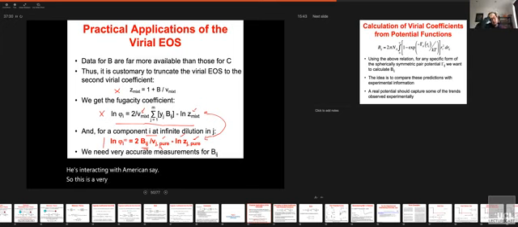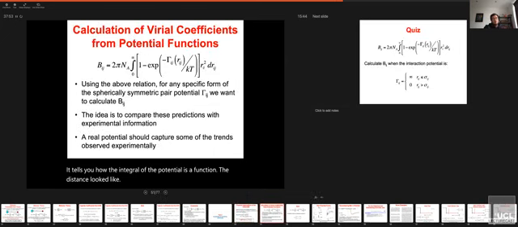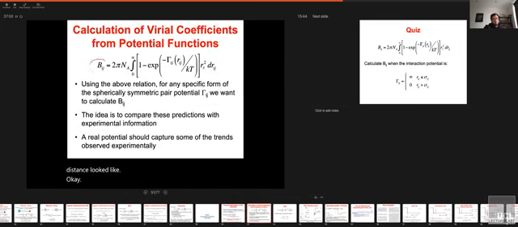It's done usually by chromatography, that allows you to figure out how one molecule type I is interacting with one molecule type J. It tells you, however, not what the potential looks like as a function of distance. It tells you what the integral of the potential as a function of the distance looks like. So that experiment tells us what Bij looks like.